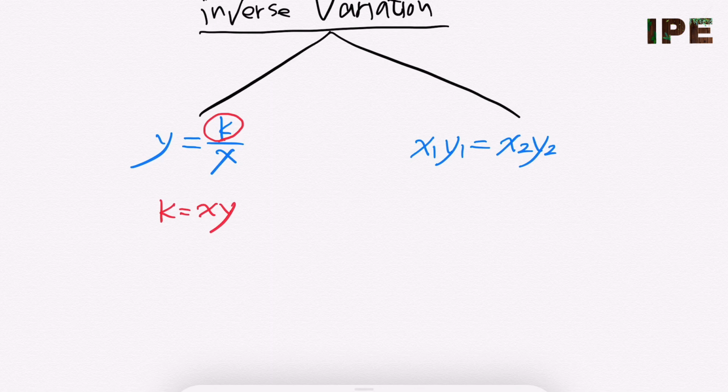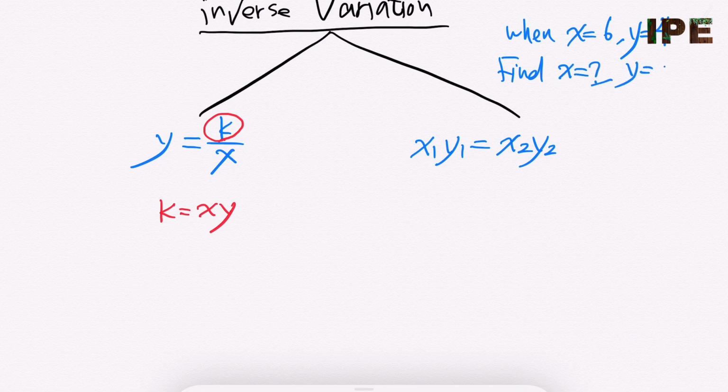If y is inversely proportional to x, or y varies inversely as x, and when x equals 6, y was 4, then find the x value if y equals 8.